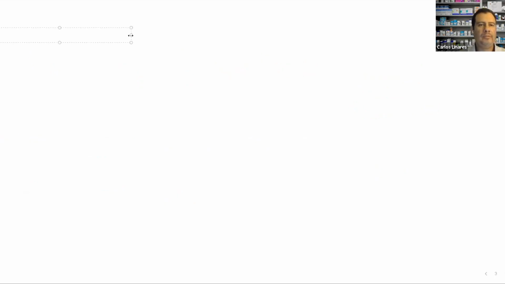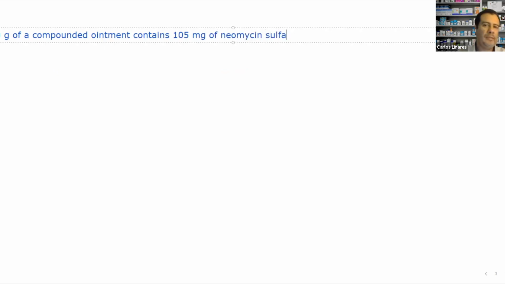And I'll give this one to Ina. So 30 grams of a compounded ointment contains 105 milligrams of neomycin sulfate. What is the final concentration weight per weight? Ina, I'll give you that one.